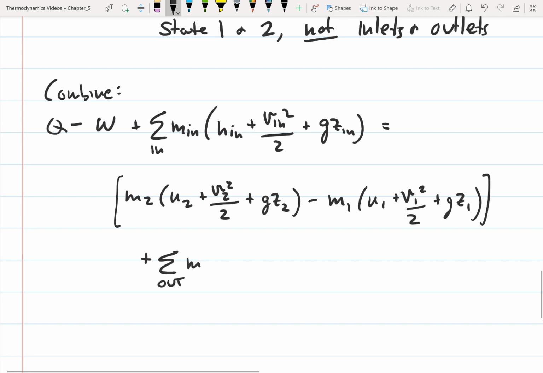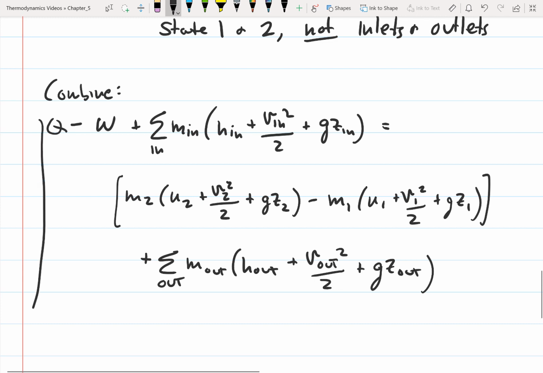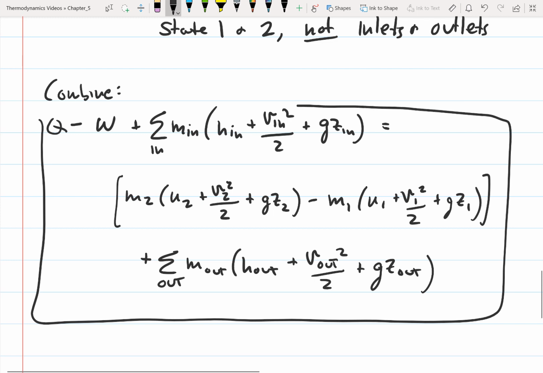This is the sum of the outlets, so h out plus v out squared over 2 plus g z out. And I already moved the work term over to the other side. So this is our equation.